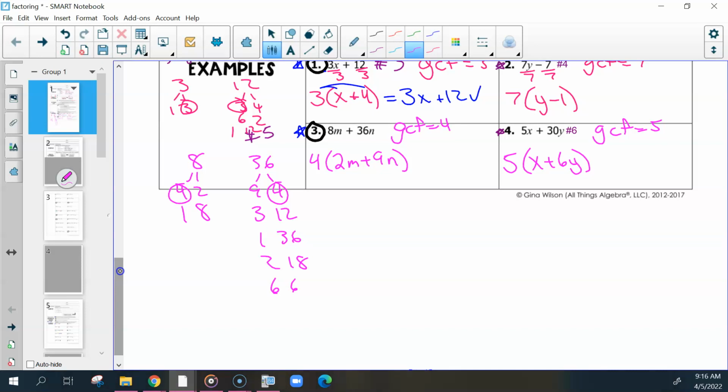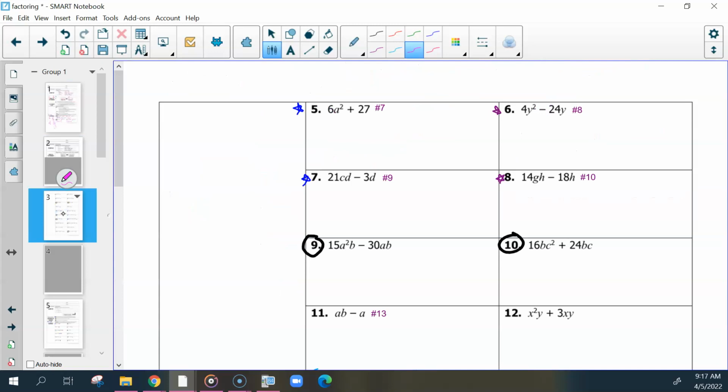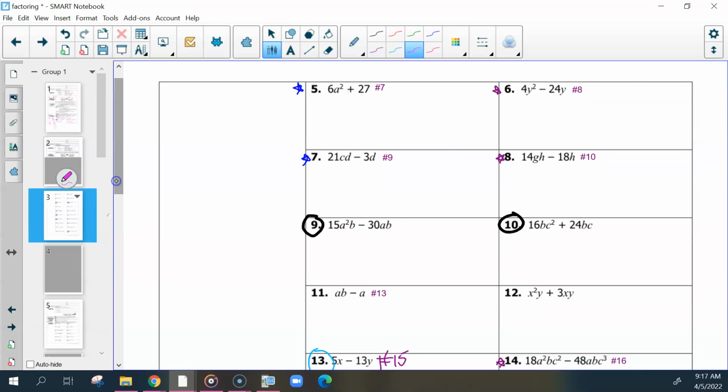This part is, because there's nothing else we can divide out. So that would be our final answer. Do we have questions on this process so far? No. Let's jump around. Let's do number 6.